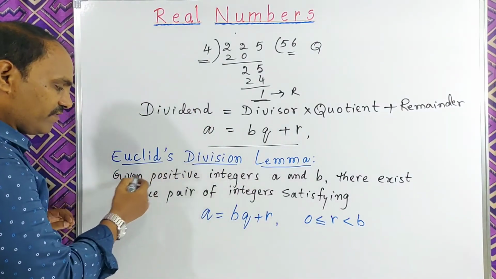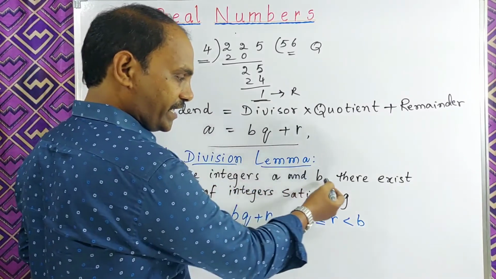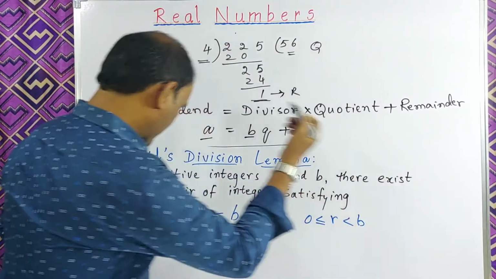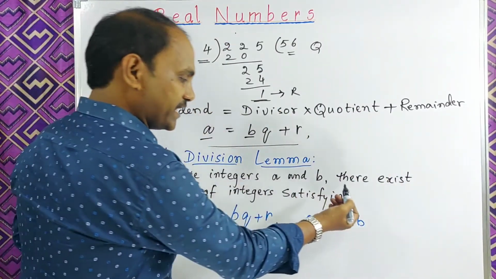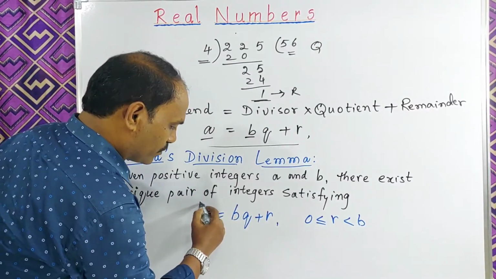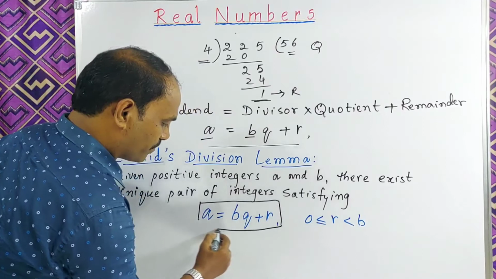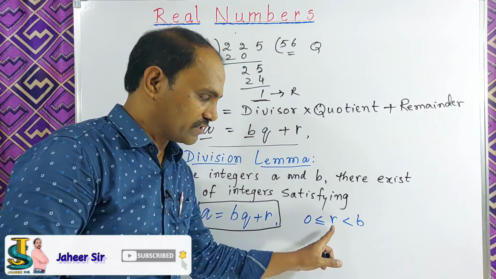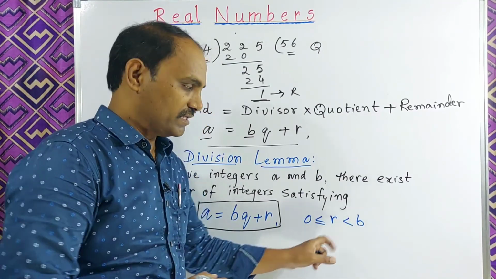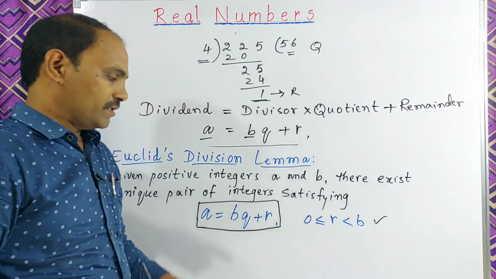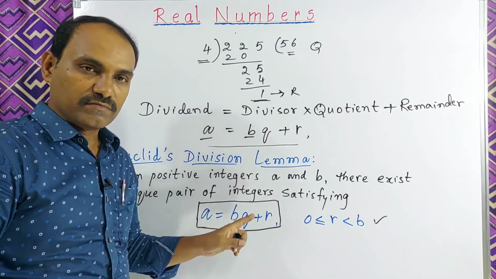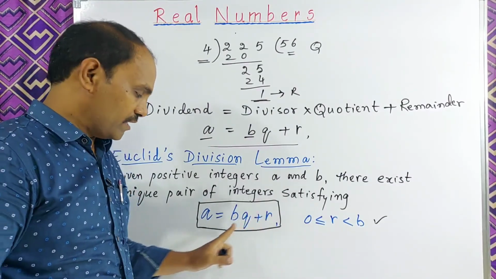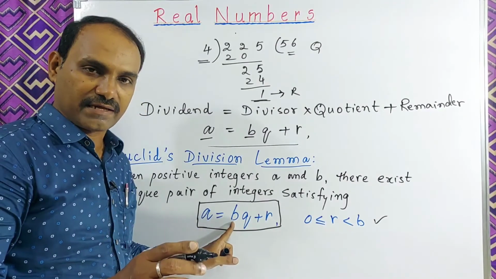Given positive integers A and B, there exists a unique pair of integers Q and R satisfying A equals BQ plus R, where R is always greater than or equal to 0 and less than B. This condition is important here. Both are the same, no need to get confused. Q means quotient, R means remainder, A means dividend, B means divisor. Is it understood?